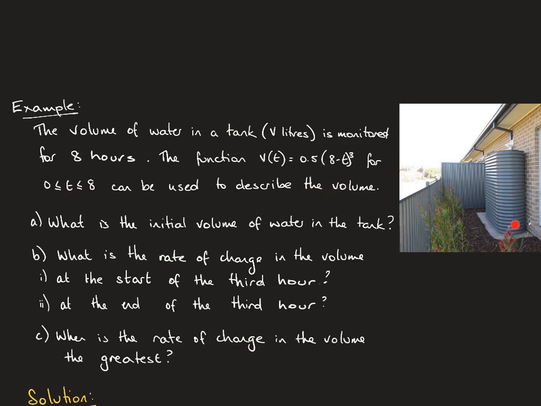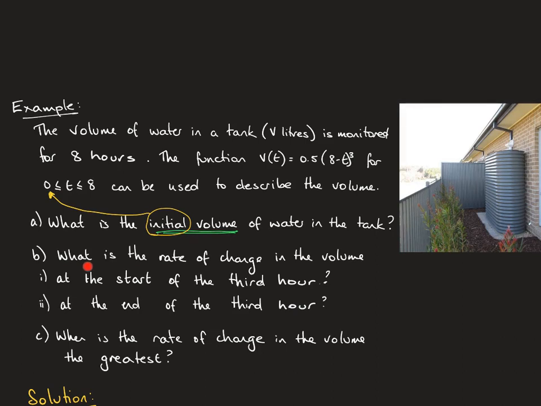So the amount of water in here is measured for 8 hours, and this formula describes how much water there is at any given time value. So the question then asks us, what is the initial volume of water in the tank? Initial volume means the amount at the start of our domain. So our t value is going to be equal to 0.